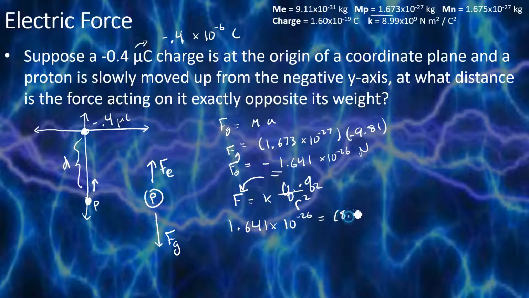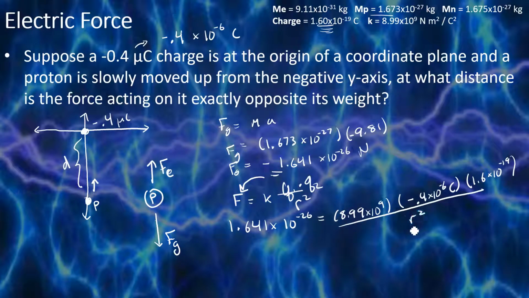Our K is 8.99 times 10 to the ninth. And our charge is negative 0.4 times 10 to the negative 6 coulombs. Now, what's the charge on a proton? Right here. So 1.6 times 10 to the negative 19 coulomb, all over r squared.